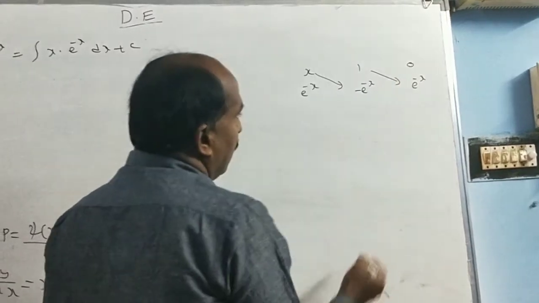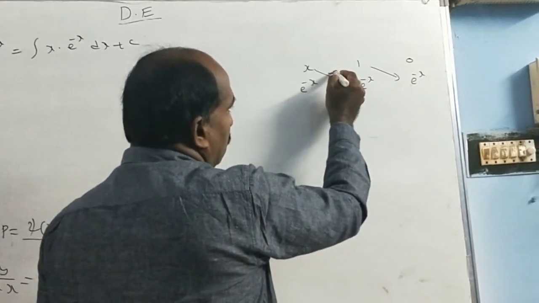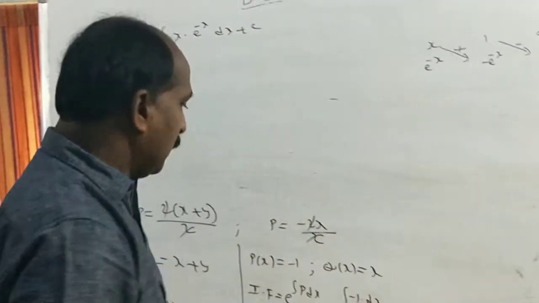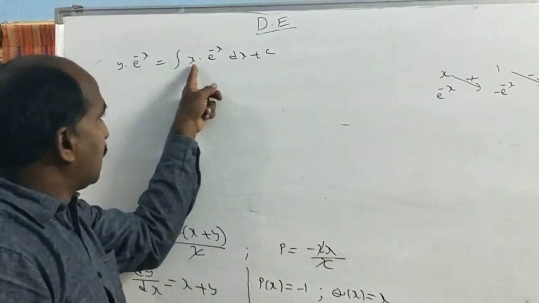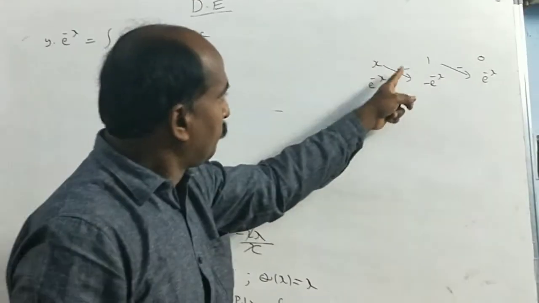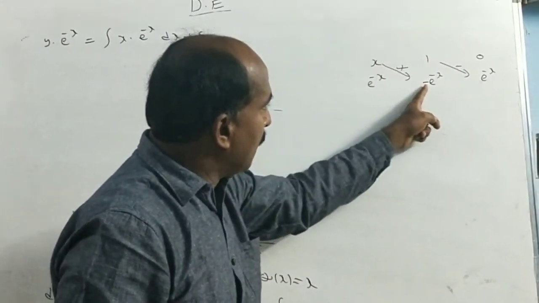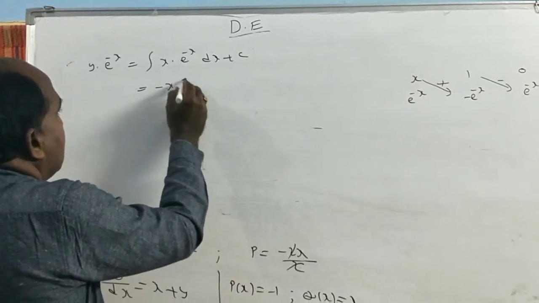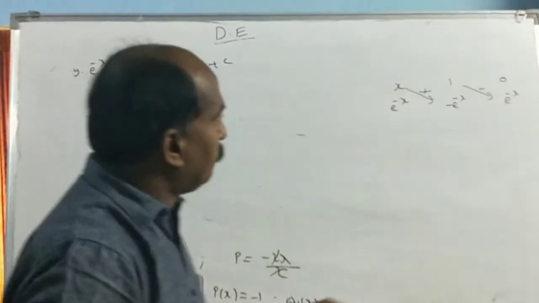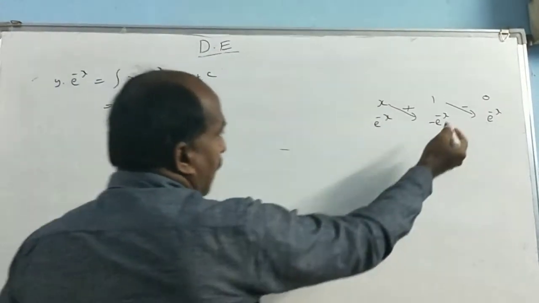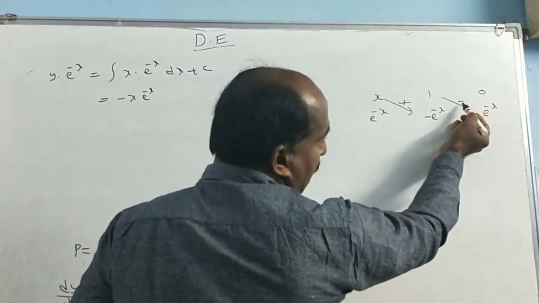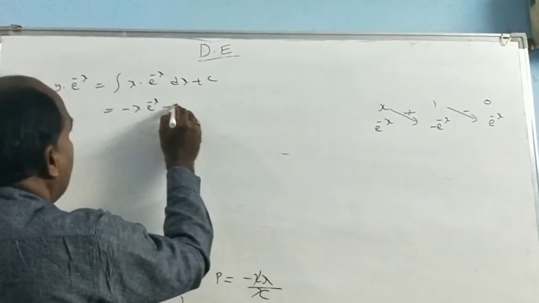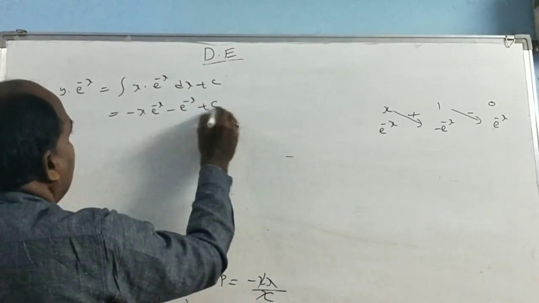Multiplying in this way, taking alternately plus and minus signs, the integration of x e power minus x is x into minus e power minus x, equal to minus x e power minus x. Next take minus and the second function: minus 1 into e power minus x, minus e power minus x plus c.